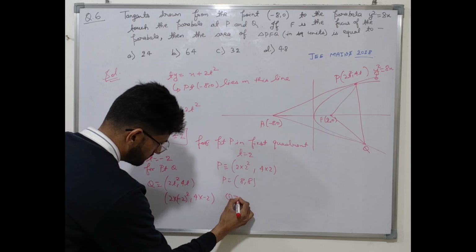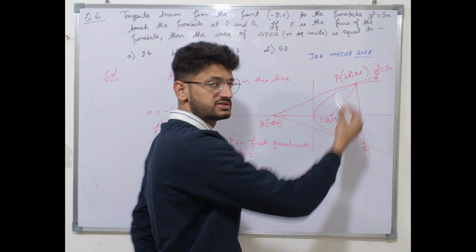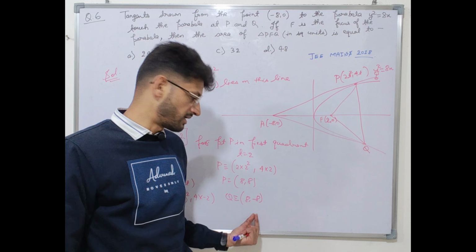So point Q becomes (8, -8). Point P is (8, 8) and point Q is (8, -8).